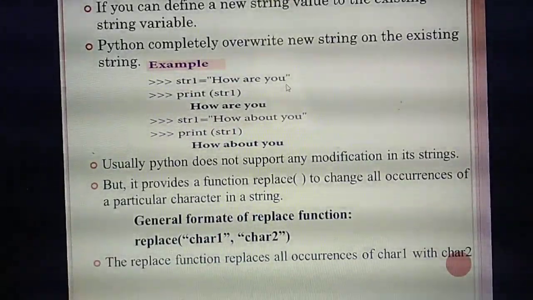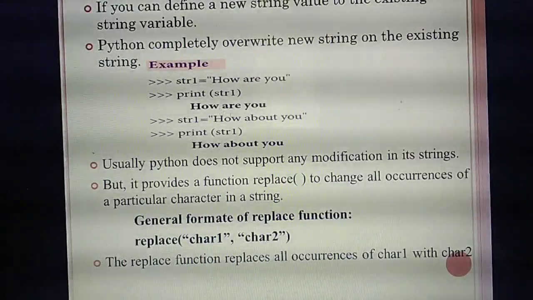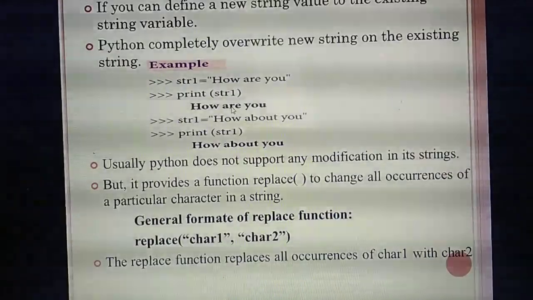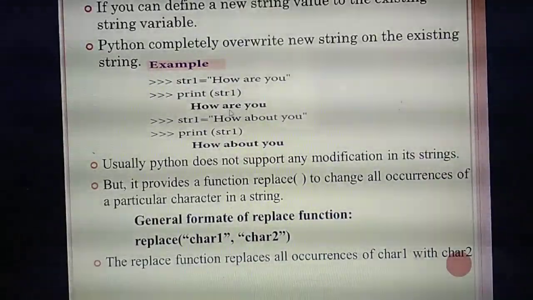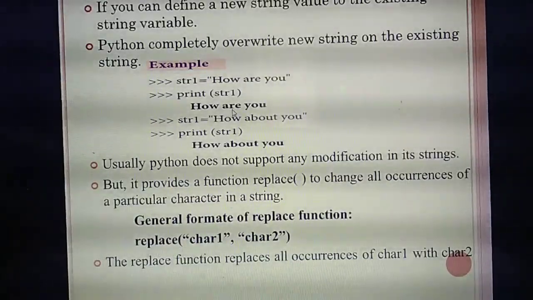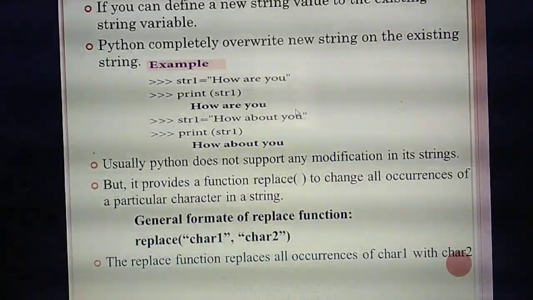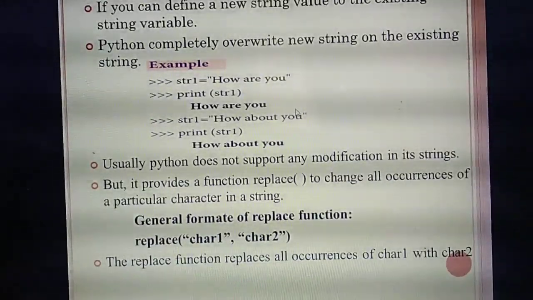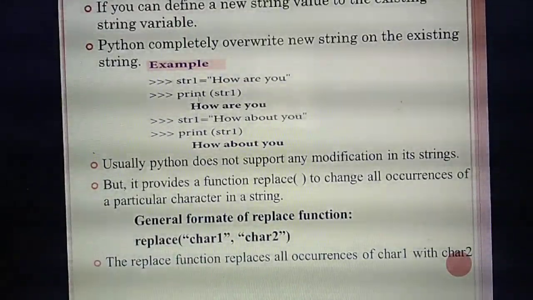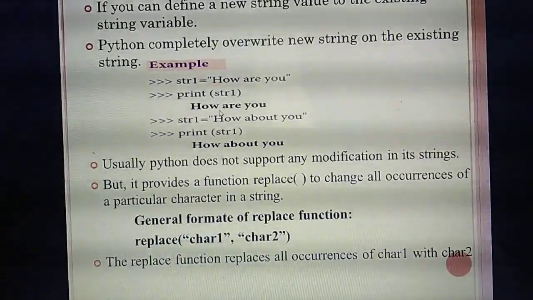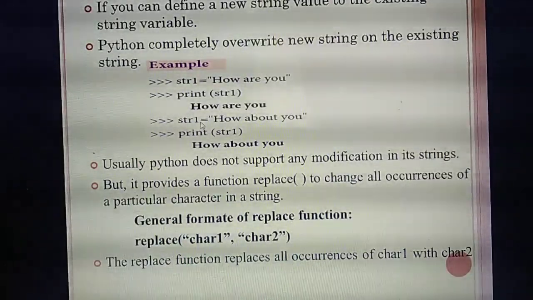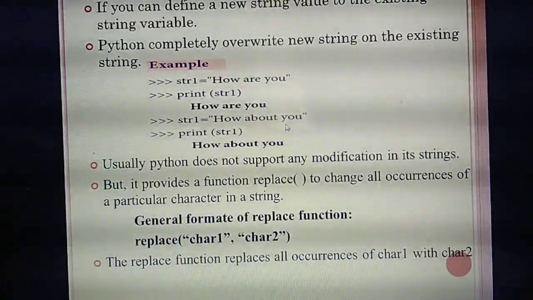How are you? Next, instead of how are you, I need to display how about you. So whether you can make changes here? No. But instead of that you can add some new string to the existing string. What is existing? Existing means already you have defined a string called how are you. But you can add, listen, how you are adding: str1, I am giving how about you.